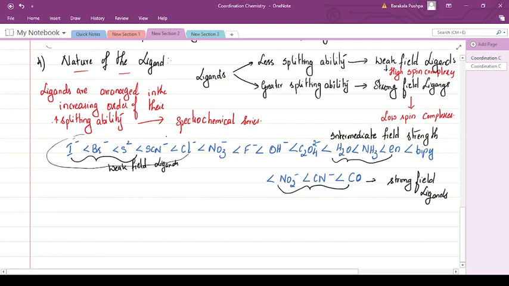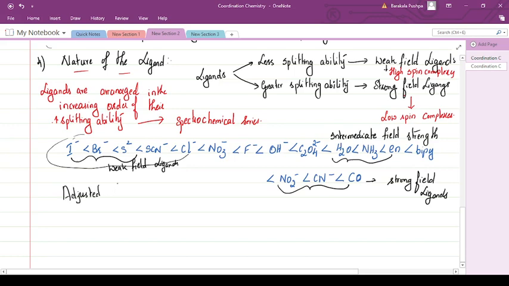But OH minus lies below the neutral ligands. The field strength is less even for OH minus, whereas the neutral molecules H2O and NH3 have a greater splitting. All these theories are explained in the adjusted crystal field theory, another important theory you need to learn.